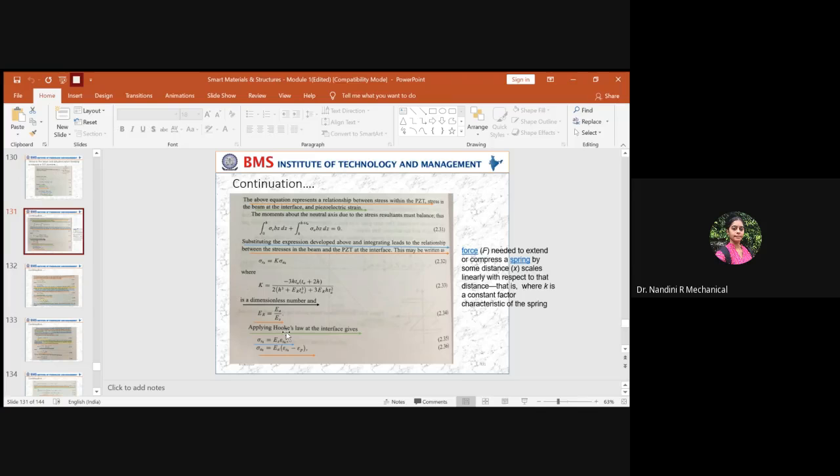To develop the moment equation, we learned the integral factor, how you have to combine from 0 to H to H plus Ta. Then we got a relation between the stress induced in both the surfaces, because you have to understand the interface. With that, we came to know the constant factor, which is the dimensionless number.